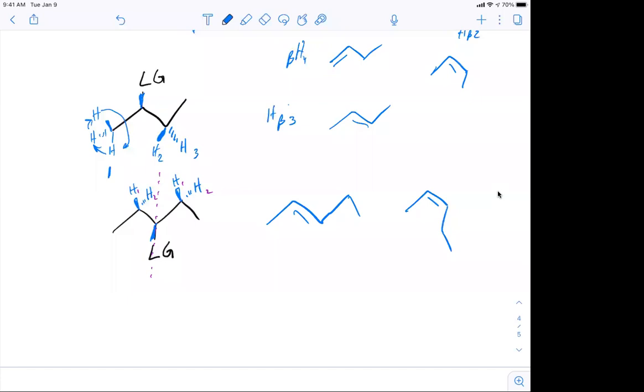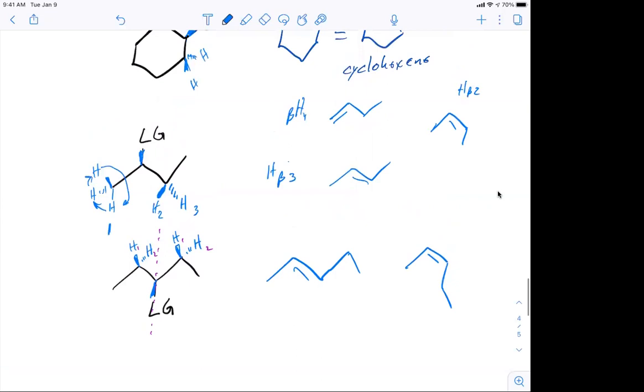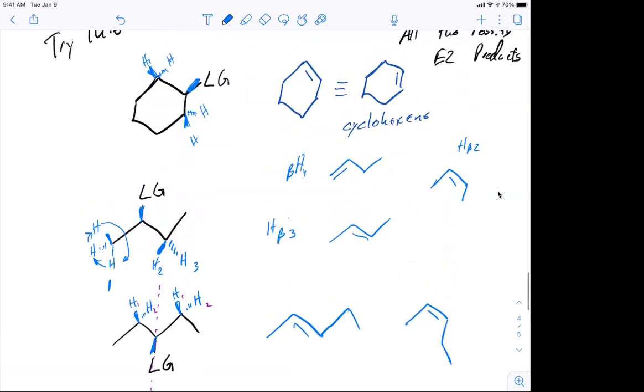All right, this will make a lot more sense as we continue through, but it's important for you to start identifying your beta hydrogens. That's really what I was trying to do here. How many beta hydrogens do you see, and do you understand that the beta hydrogen is what's going to be important for you to be able to figure out your products?